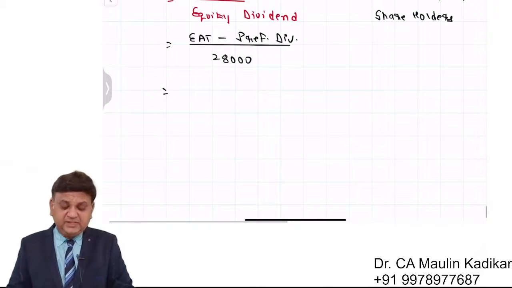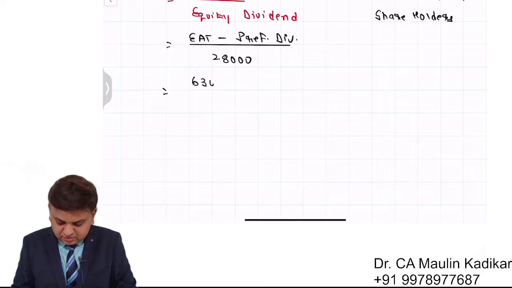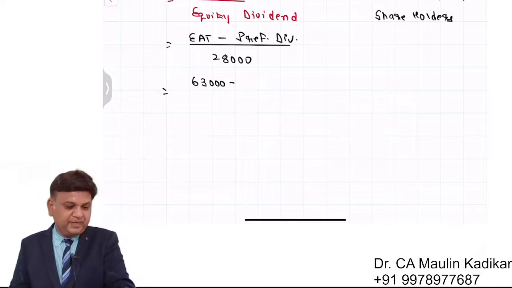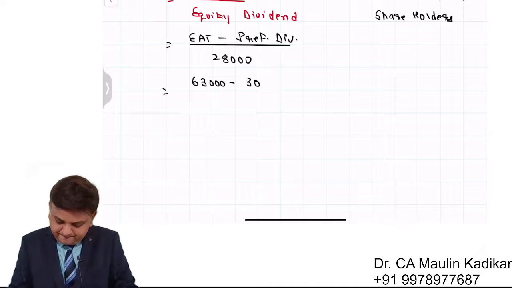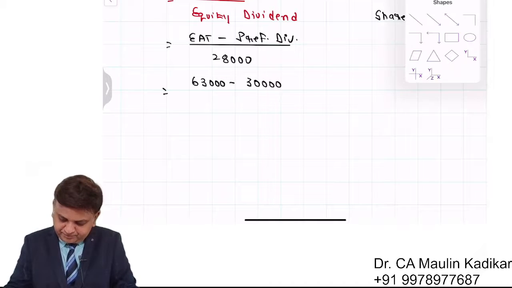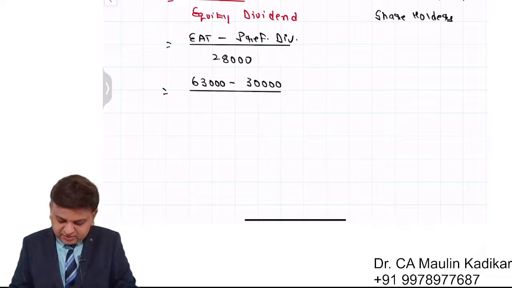Amount of earning after taxes is 63,000 minus amount of the preference dividend is 30,000 divided by 28,000.